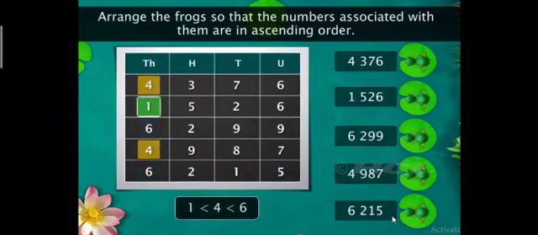So what can we see here? 1 is less than 4 is less than 6. So 1 is the smallest digit. So that's why the number 1526 will be the smallest number.